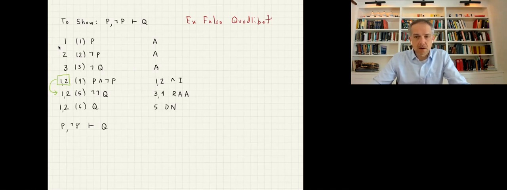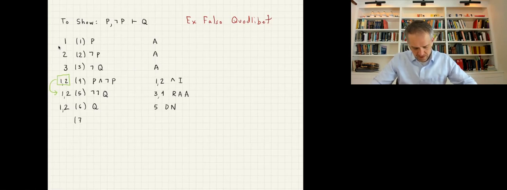Now, however, I'm actually going to quickly create another proof just to show the power of what we've done. So I'm going to go back now, erase this little mark I did at the end. I'm going to add a line to this proof.